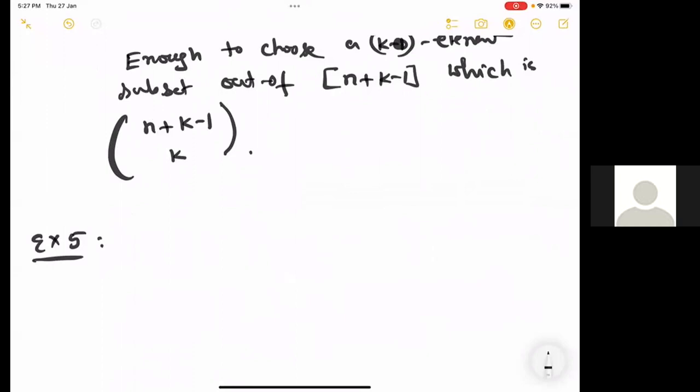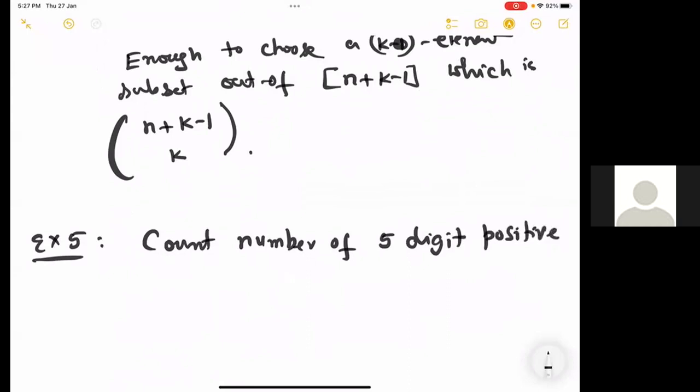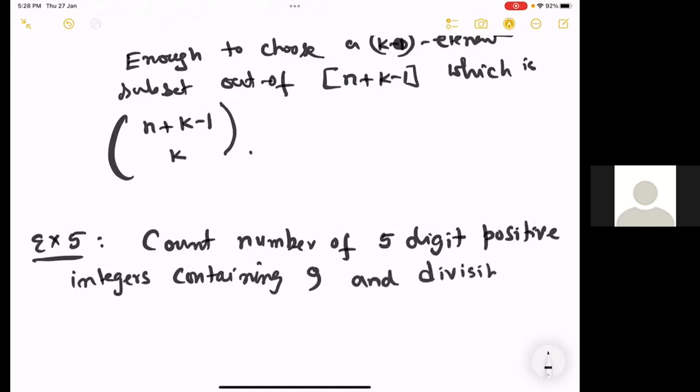So let's count the number of 5-digit positive integers containing the number 9 and divisible by 3. So, two conditions.